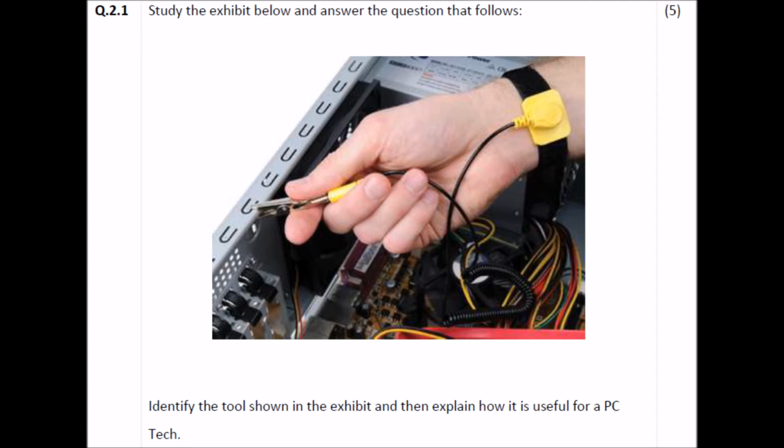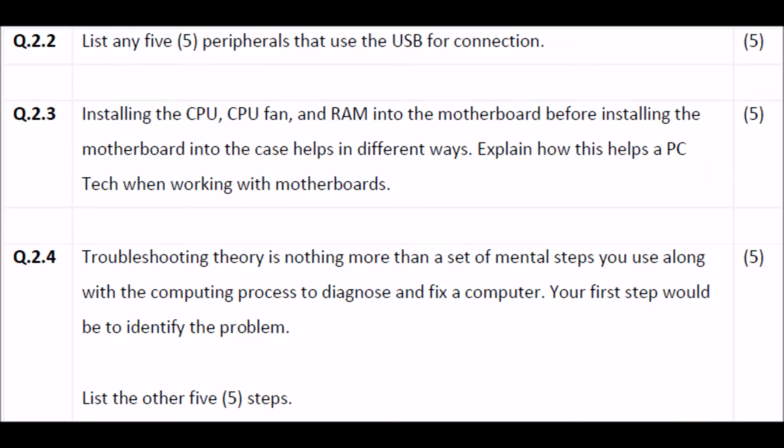And then with 2.2, list 5 peripherals that use a USB connection. Remember, your USB port, universal serial bus port, was initially designed to make connectivity a lot easier when it comes to physical connections for peripheral components.